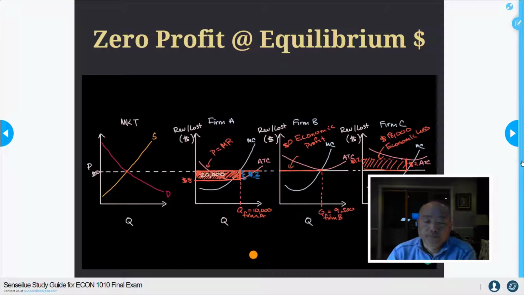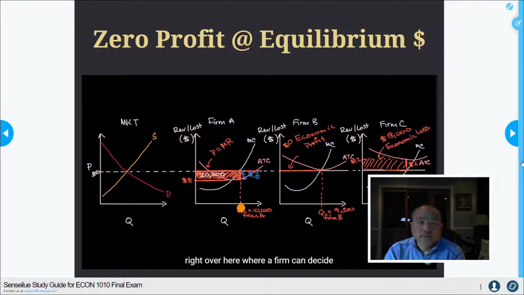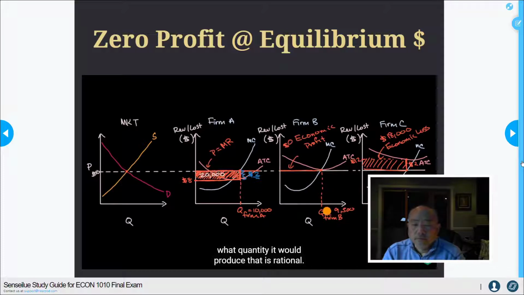Now, one thing to think about is, why would any firm be in this situation? Well, it's important to think about things in the short run versus the long run. In the short run, we've talked about this analysis right over here, where a firm can decide what quantity it would produce that is rational. Its fixed costs are fixed in the short run. We've studied that in multiple videos. But in the long run, its fixed costs aren't fixed. And so the firm can decide to enter or exit the market.